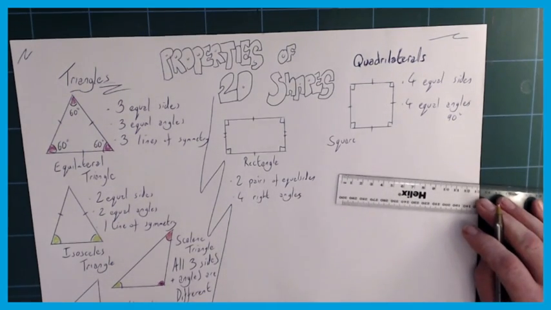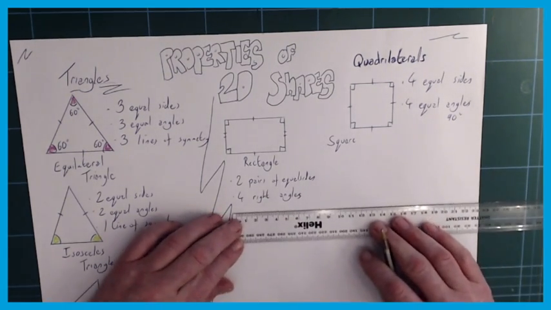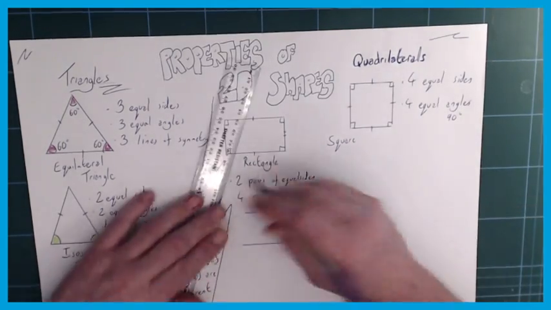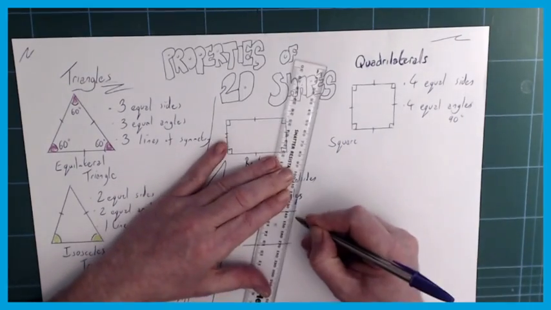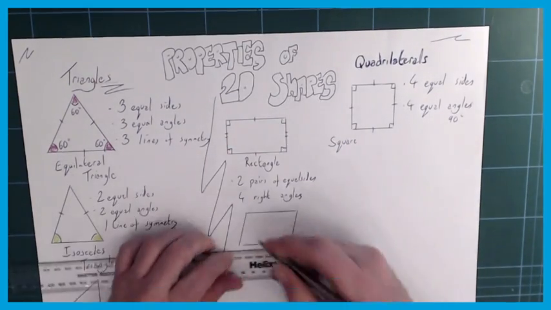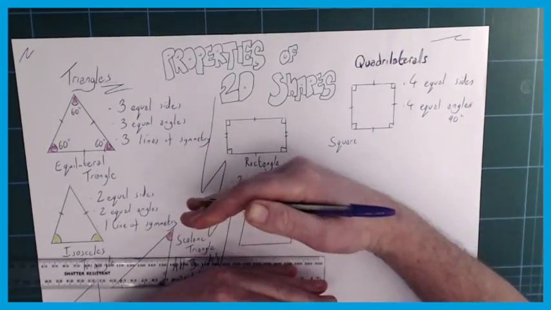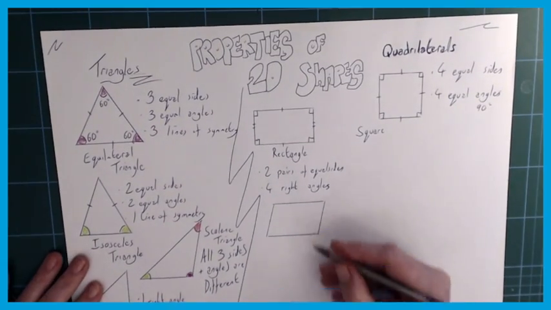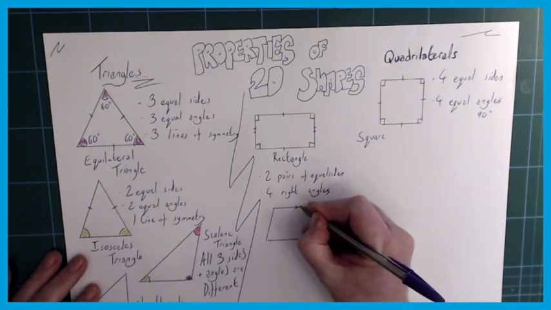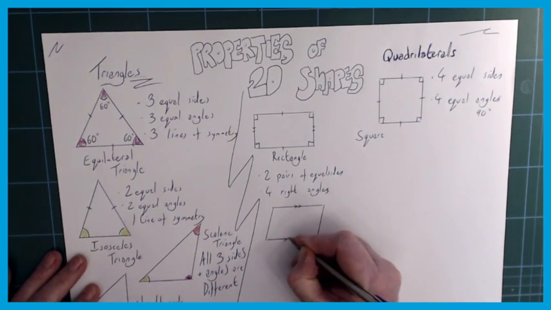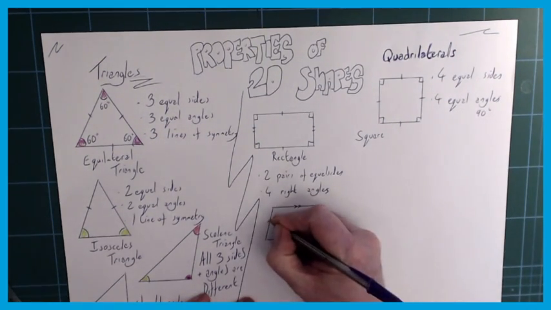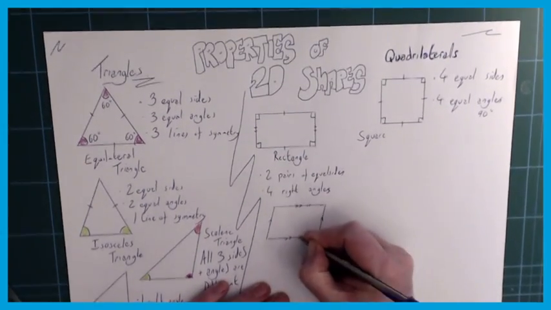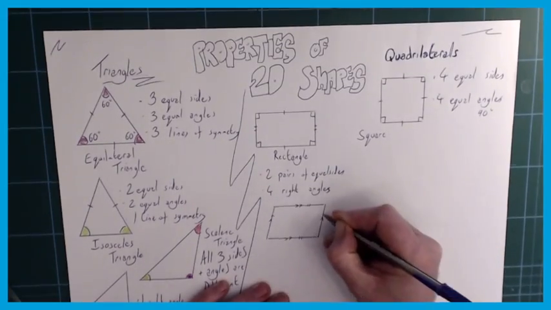Next shape we're going to look at is a squished rectangle. Imagine moving it back and forwards. So on here, it's got 2 parallel sides there and a pair of parallel sides over here. These sides are equal and these sides are equal.